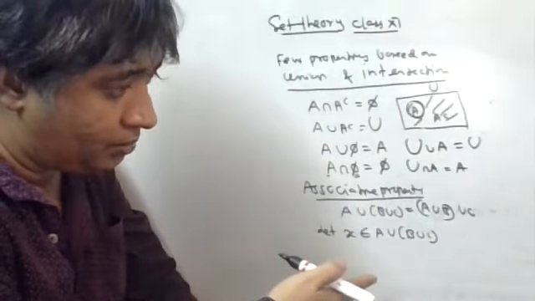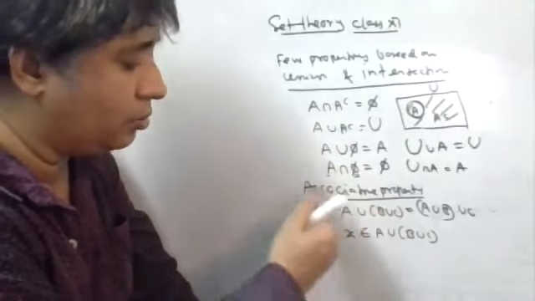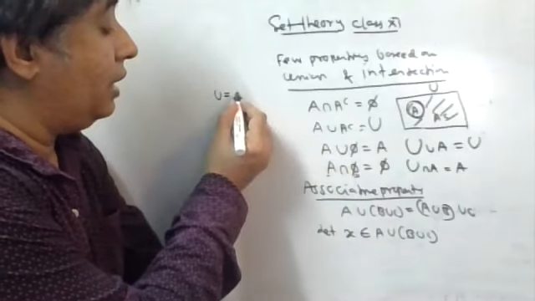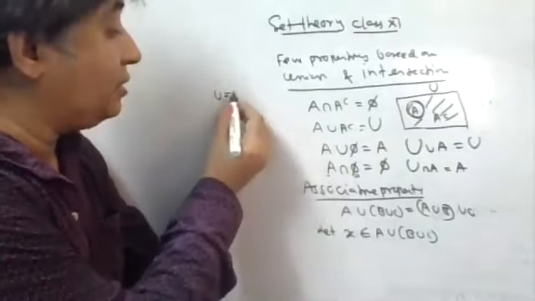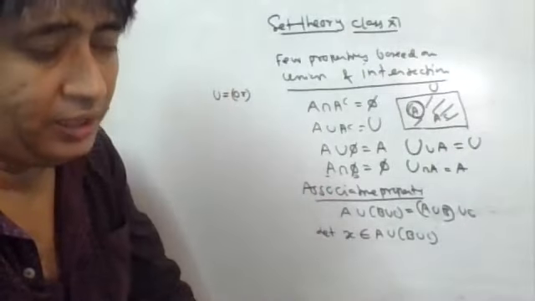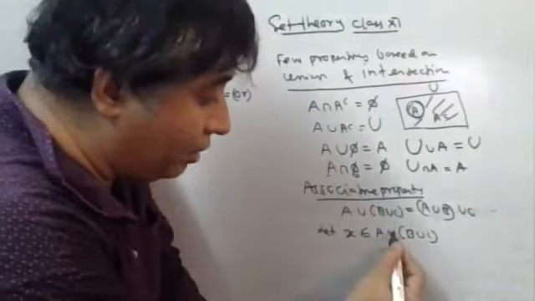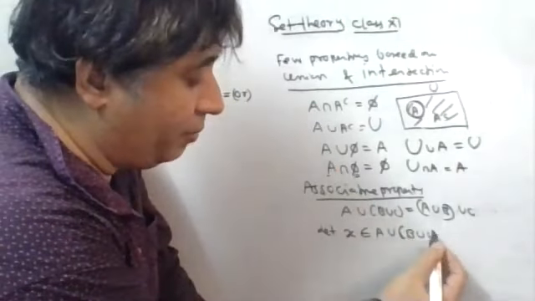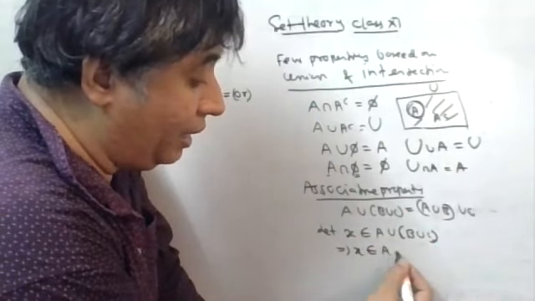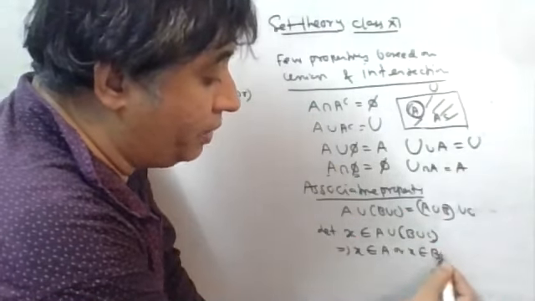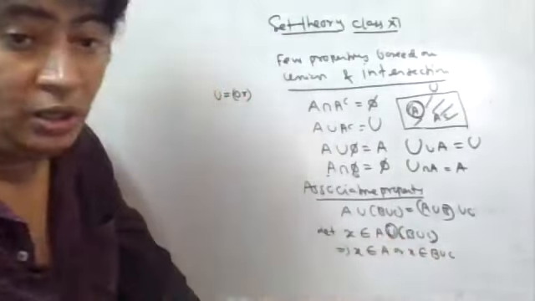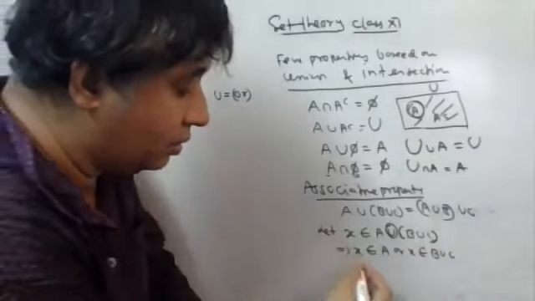In the first phase of this class, we got that union represents those cases which involve the or condition, A or B. So A union this thing means I can write X belongs to A or X belongs to B union C, because union means or, as we are already taught.